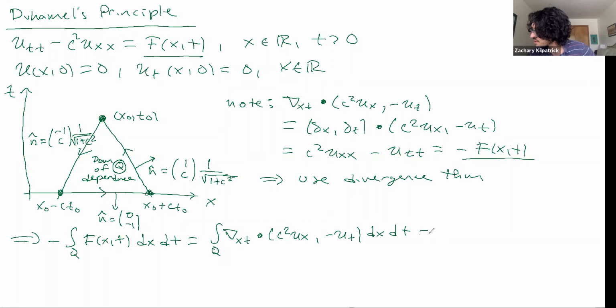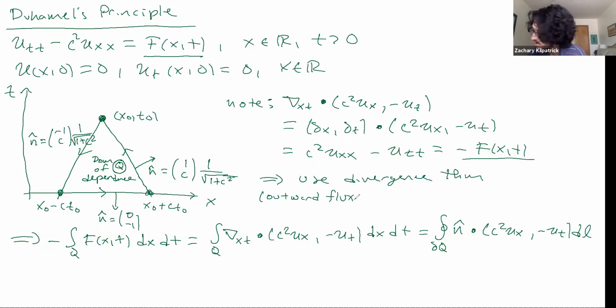And then the divergence theorem tells me that this is the same as taking a line integral around the boundary of Q of the normal along each segment dotted with c squared ux minus ut. So essentially, remember the divergence theorem tells me that the outward flux is equal to the volume integral there.